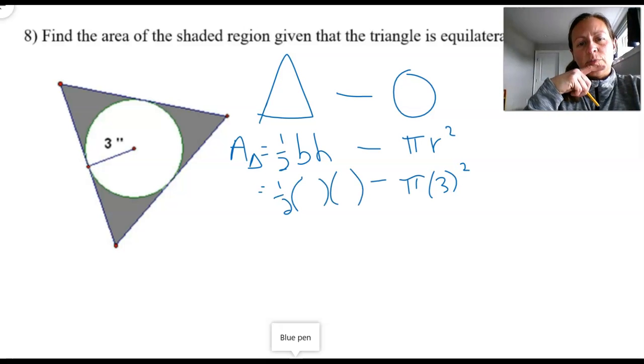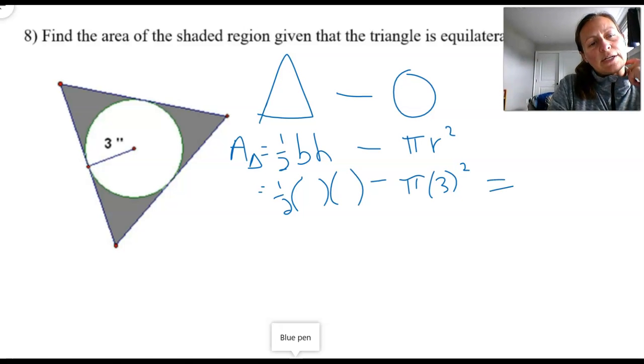Okay, now ultimately you have to figure out the base of the triangle and the height of the triangle, and then I can just do this calculation and I have my answer. So let me think about this triangle.